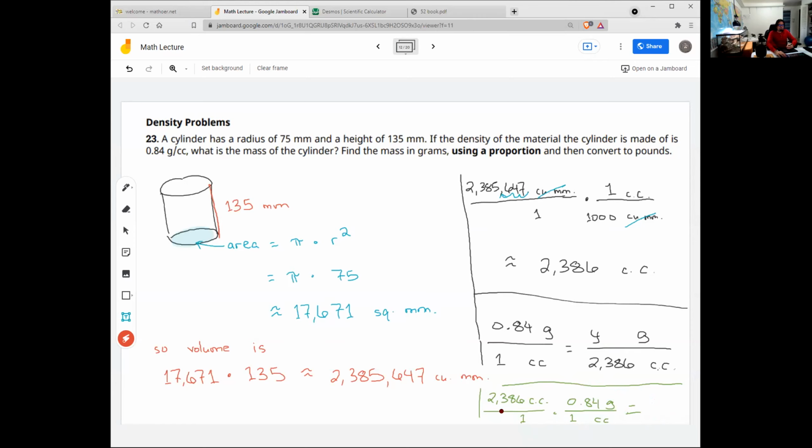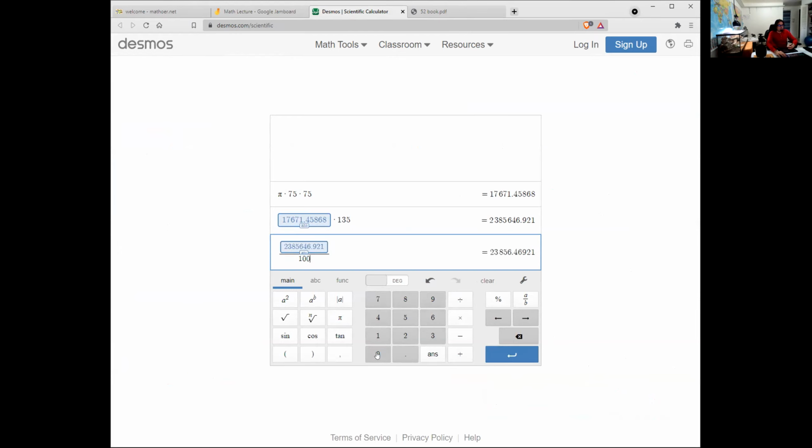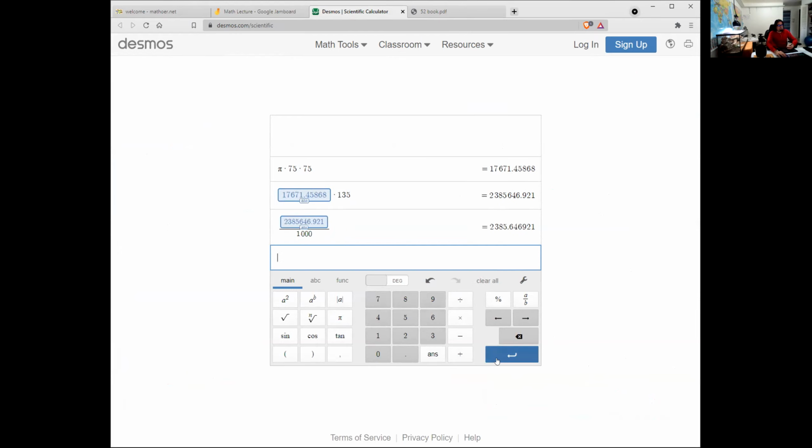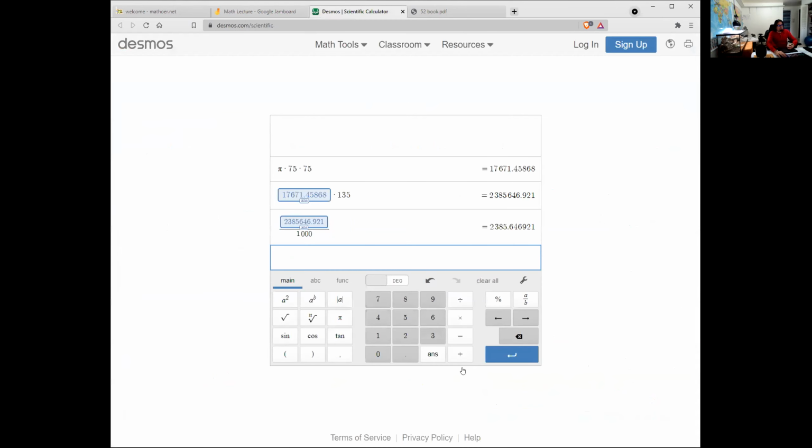When you're done, let's see what you get: 2,386. So we're going to take that and divide it by 1,000. Now I'm not rounding my answer. And then we're going to multiply by 0.84.